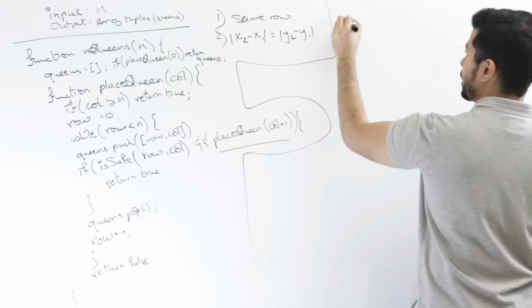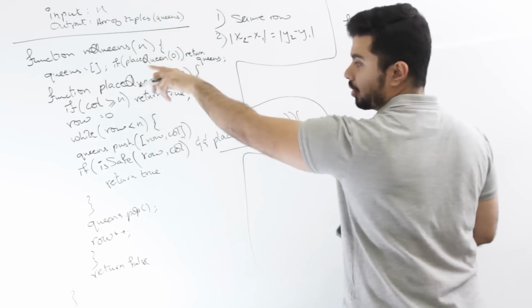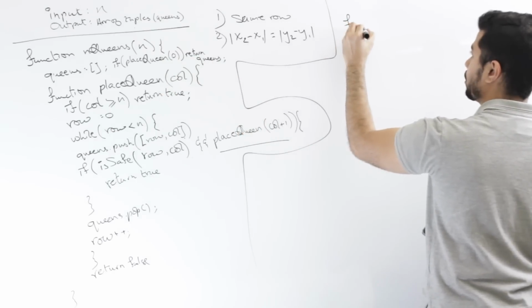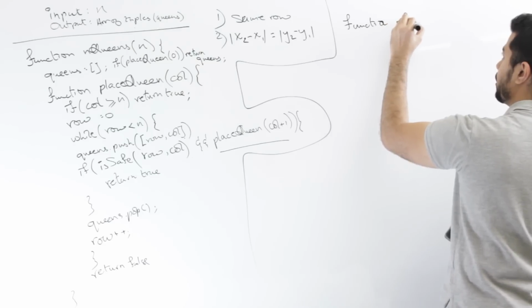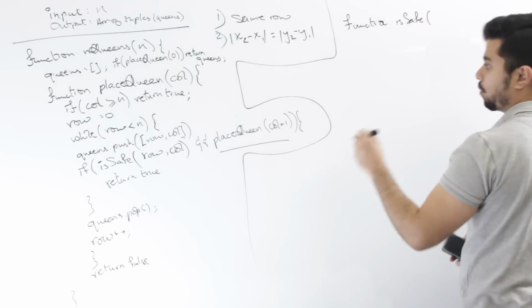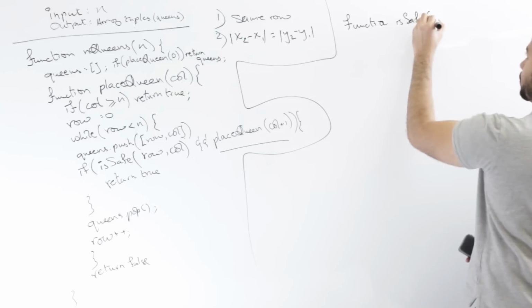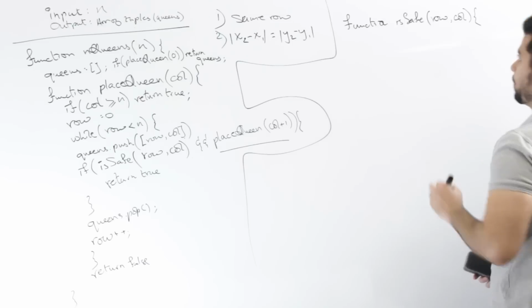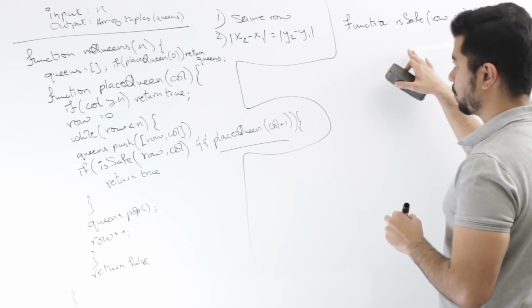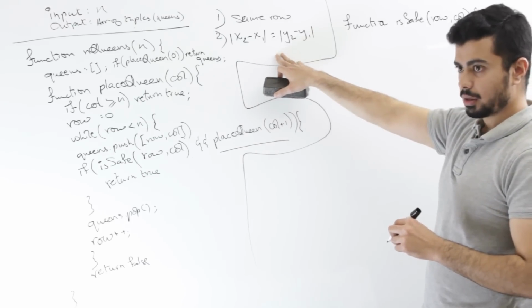Okay, so this isSafe function is still inside of the nQueens function. Function isSafe. And what does it take? It takes a row and column. Okay. So now we said that these are two conditions that we are checking.